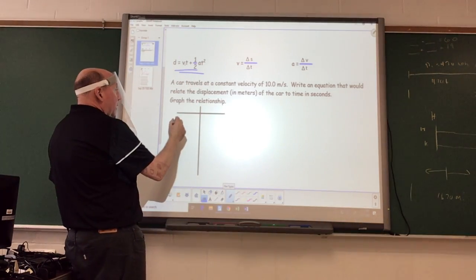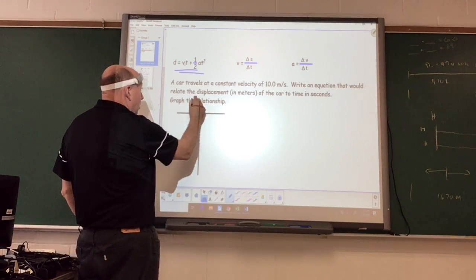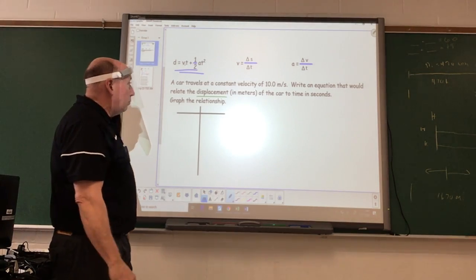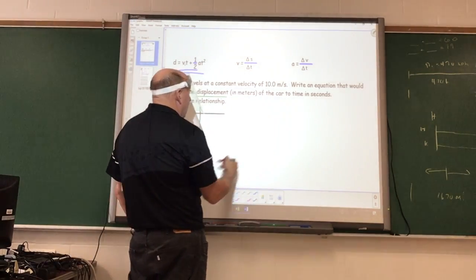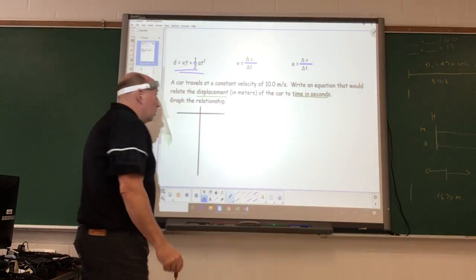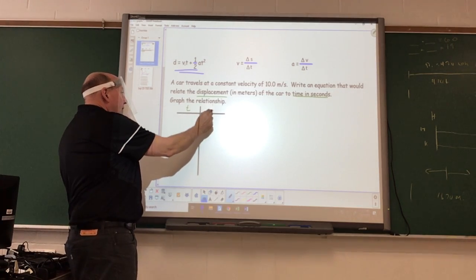So we have displacement and we have time. We're trying to create a relationship between displacement in meters and the time in seconds. So in my chart, I'm going to have T here, then D here.